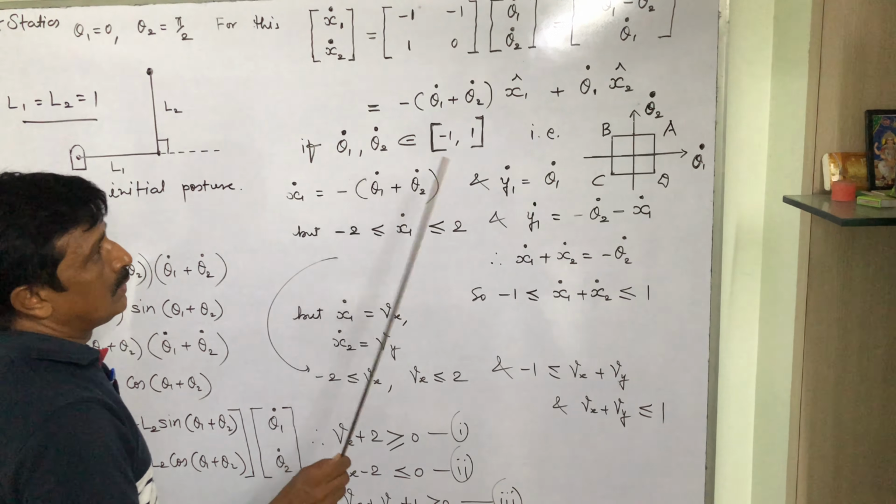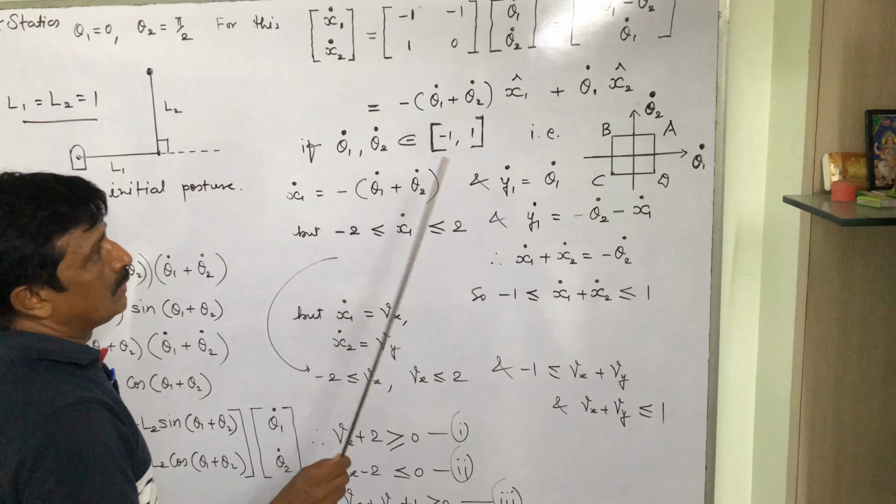And the third inequality, Vx plus Vy plus 1 is greater than or equal to 0. And the line Vx plus Vy plus 1 equal to 0 is this. If we put the origin here, 0 comma 0, it satisfies, 0 plus 0 plus 1, 1 is positive. So the points lying on this line as well as in the direction of the origin satisfy the third inequality.